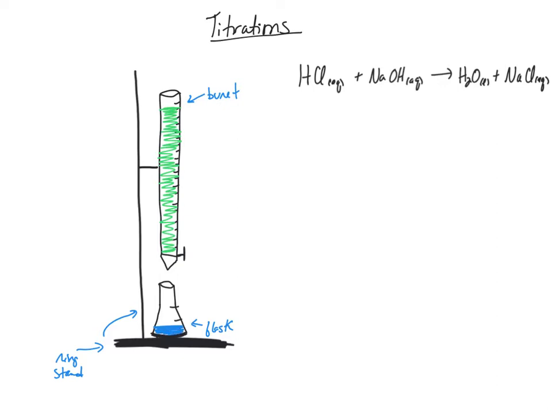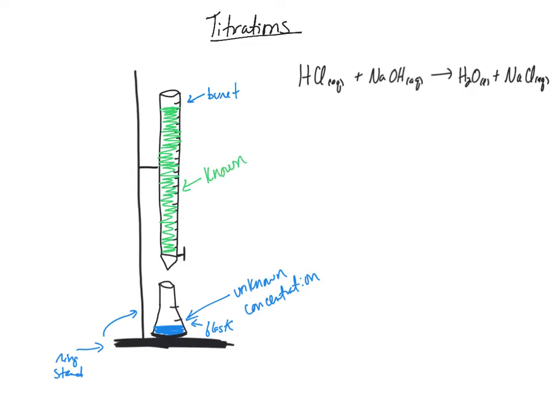Now, what's the difference between these two guys? The information on this is unknown. So we have an unknown concentration of our stuff that's in the flask, most commonly. And in the burette, we have something that's known.